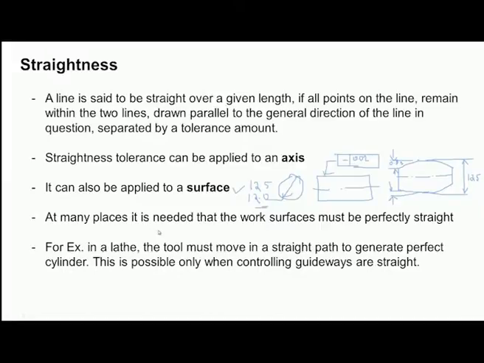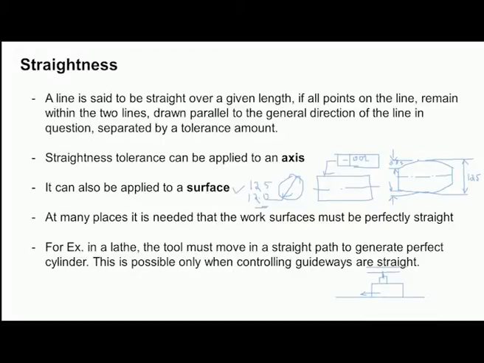At many places it is needed that work surfaces must be perfectly straight. For example, in the case of a lathe, the tool must move in a straight path to generate a perfect cylinder. So, this is possible only when the guideways are straight. When the guideways are straight, the carriage will move on this straight guideway, and then the cutting tool will give the cut on the workpiece, and then we get cylinders.